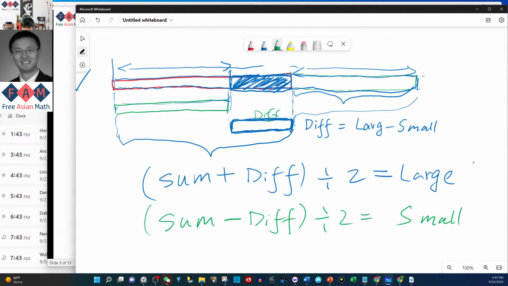That is, if you know the sum and difference of those 2 numbers, then the larger quantity is just you add the sum and difference together, then divide by 2. And similarly, if you want to get the smaller quantity, you subtract the difference like we did here. We cut this off from the total, or the sum, then the remaining will be 2 copies of small, so we divide that by 2 to get the small quantity.